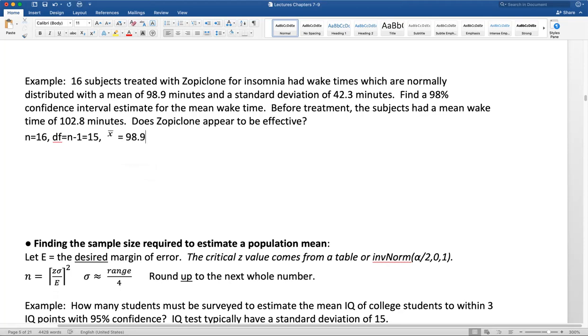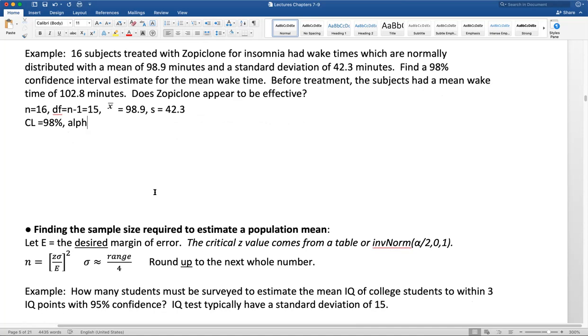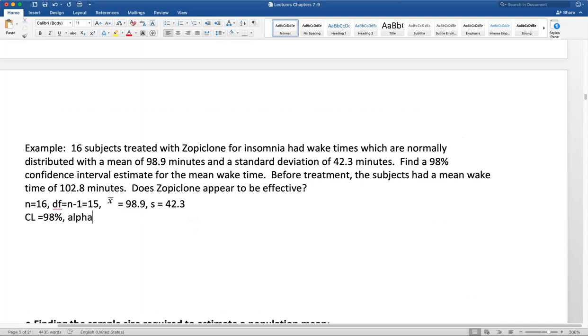And s, the sample standard deviation, is 42.3. Now the confidence level is 98%, so alpha is equal to 2%, which is 0.02. So alpha over 2 is 0.01. Okay, so let's find the critical value t.